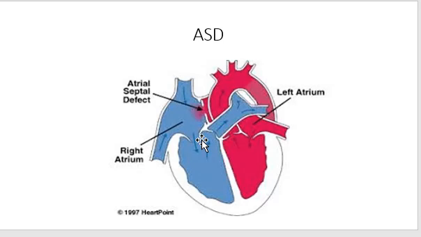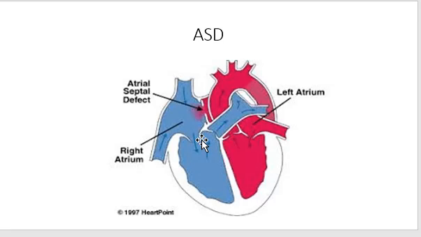Anyway, surgical treatment is usually a surgical patch or closure, called a pericardial patch or a Dacron patch, done for a moderate or large defect. They'll open the chest, and open repair with cardiopulmonary bypass is usually performed before school age.